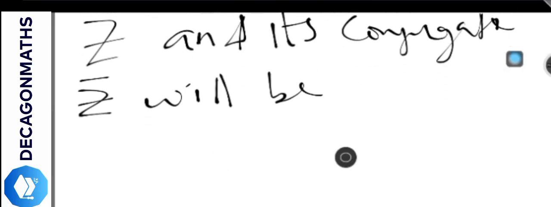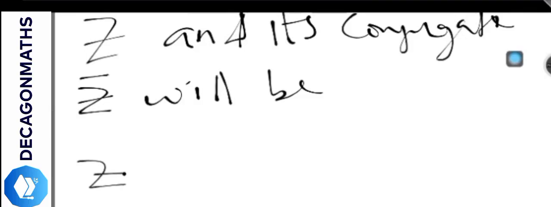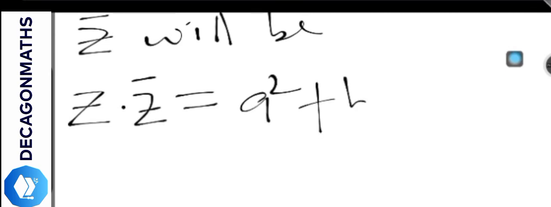so the product will just be z multiplied by, I think you know that dot simply means multiplication. So let me write the dot properly. So we have that z multiplied by z prime will just be a square plus b square.